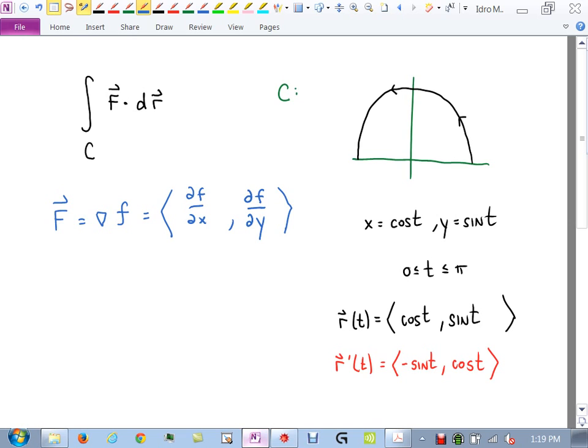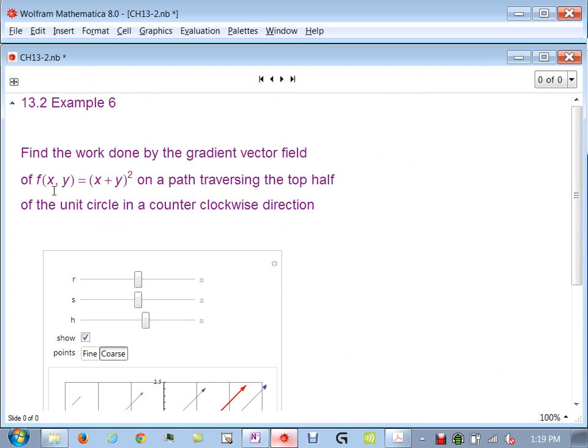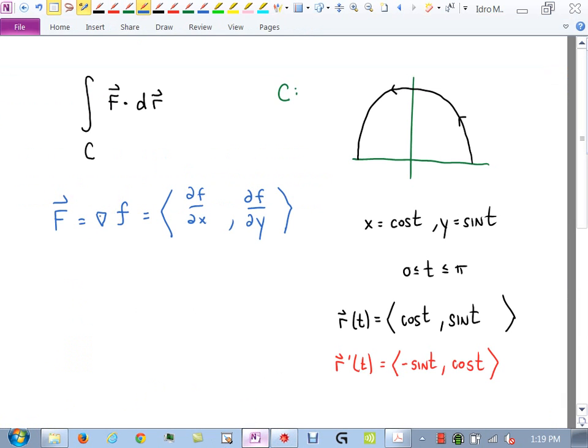And now I don't have a z because this function only had x and y. So since you have that in your notes, what is the partial derivative of f with respect to x? 2x plus y. What's the partial of f with respect to y? Same thing, right? 2x plus y. That's capital F.